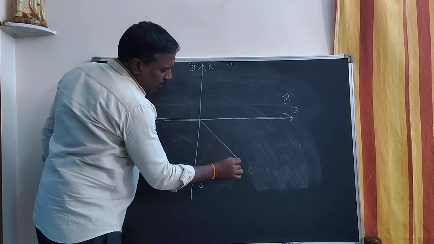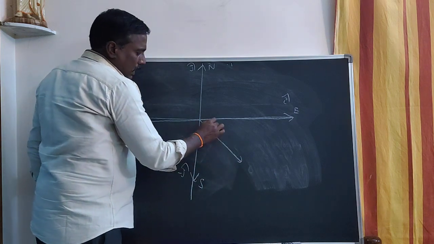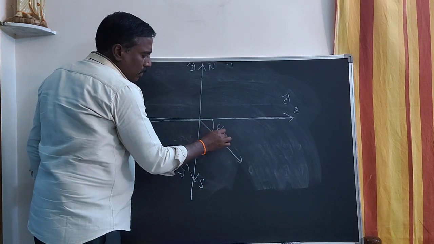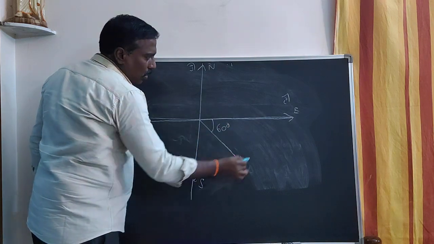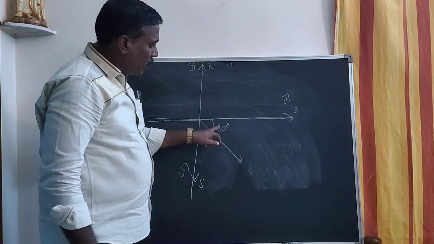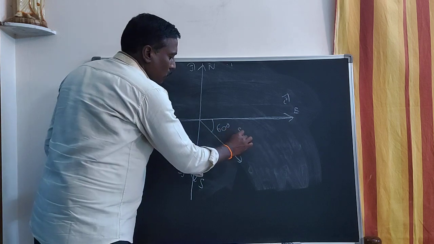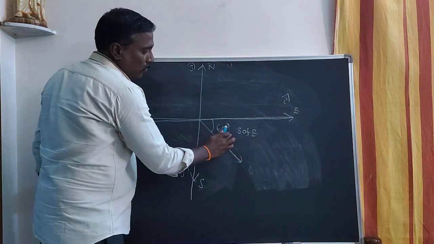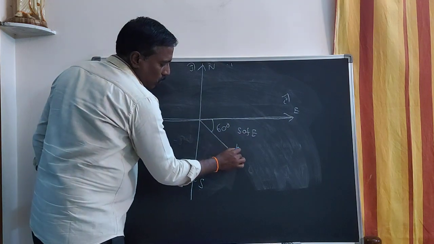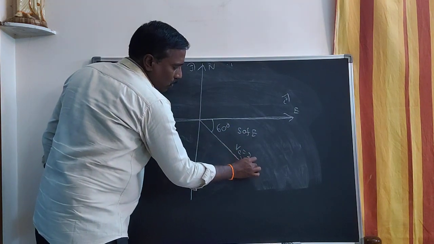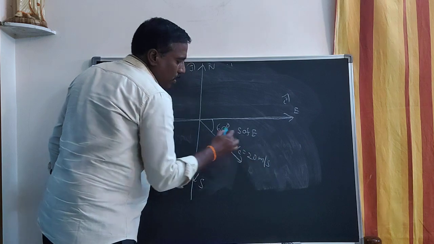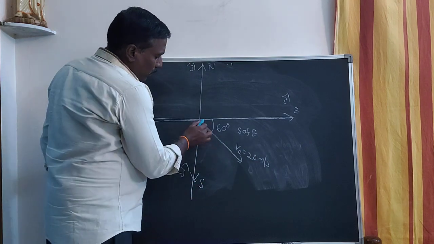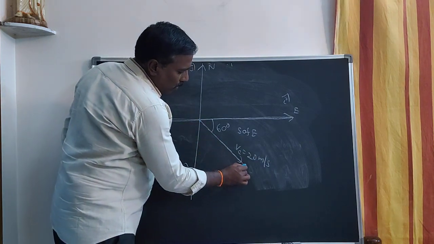Initially, a car is moving 60 degrees south of east with velocity 20 meters per second. This is the original direction of the car.